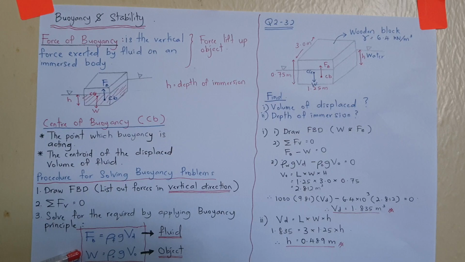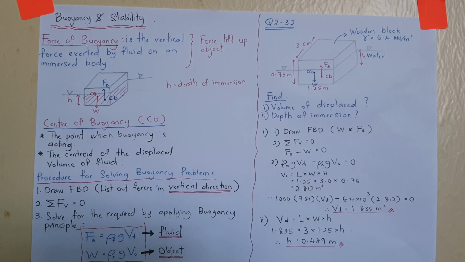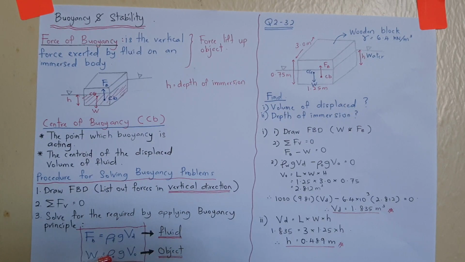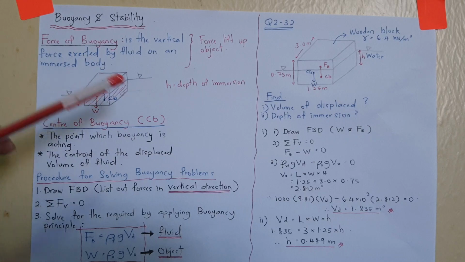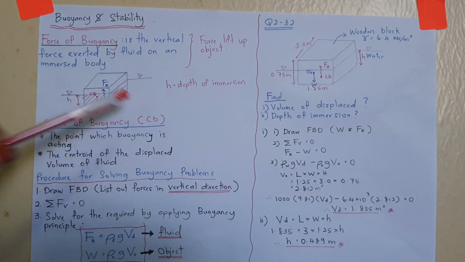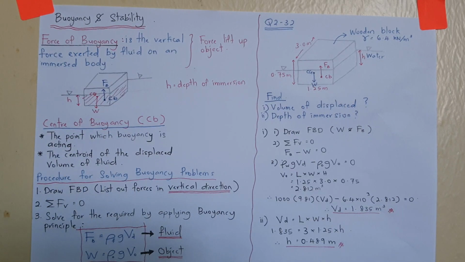You have to remember W: either you use W equal to mg if the mass of the object is given in the question, or if not, then we use rho g V. Remember, W is about the object, so we must use the density of the object and the volume of the object. What is the volume of the object?